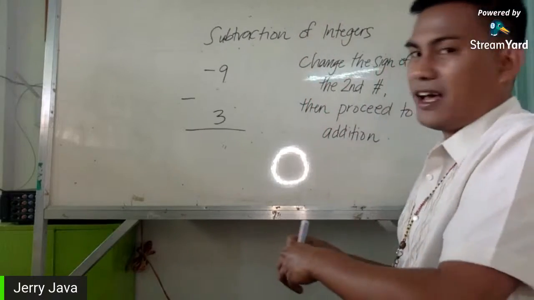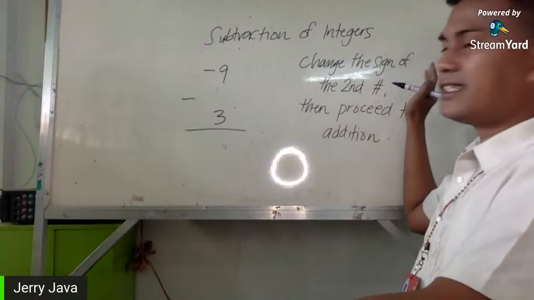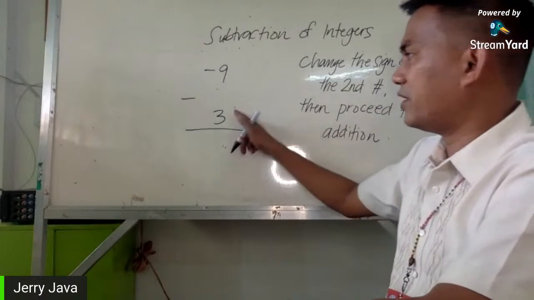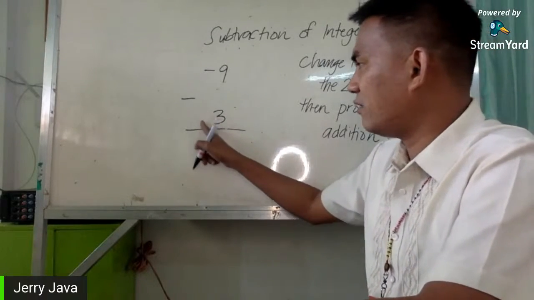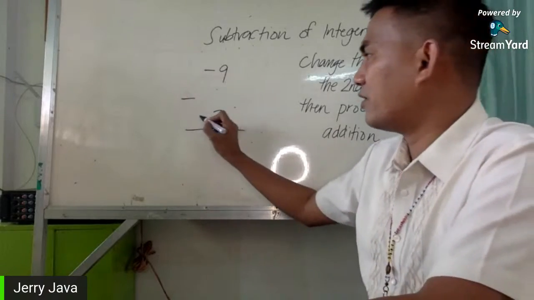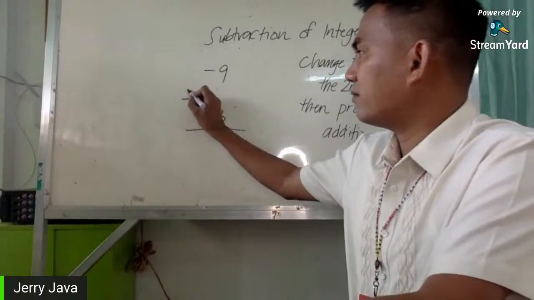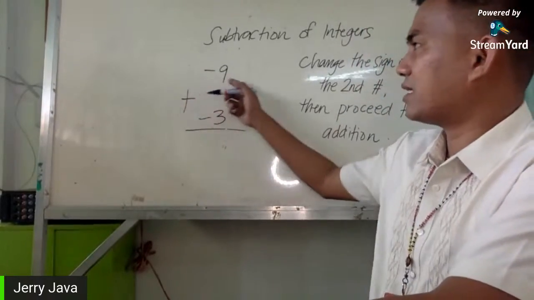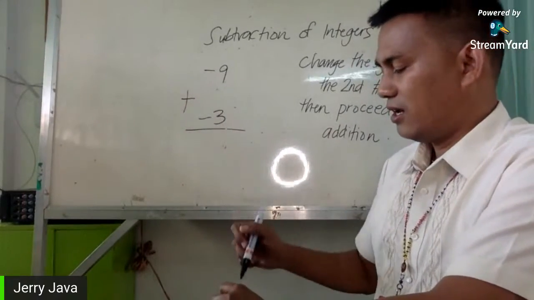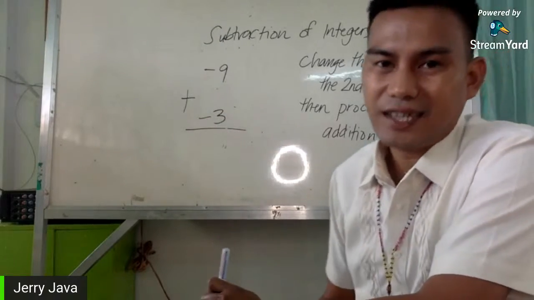Okay, let's try now. There are only two steps for subtraction of integers. Change the sign of the second number. The second number is positive 3. Change its sign so it becomes negative 3. Then proceed to addition. That becomes negative 9 plus negative 3. Unlike sign or like sign? That's like sign.